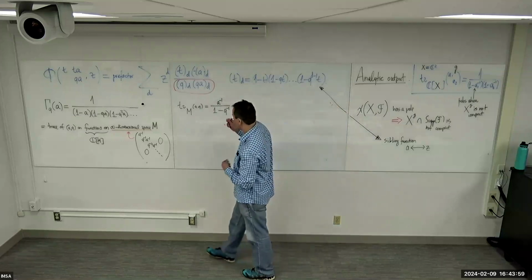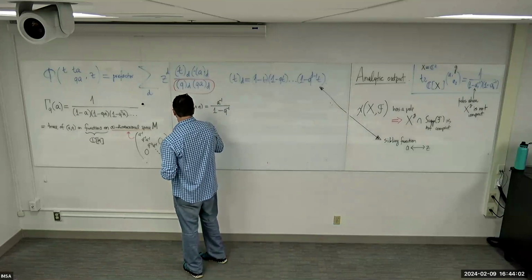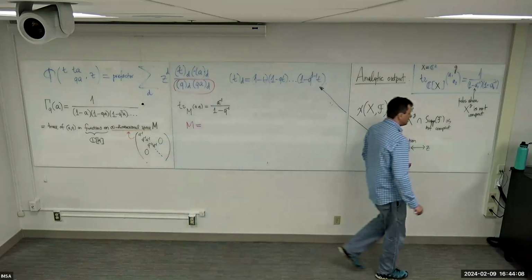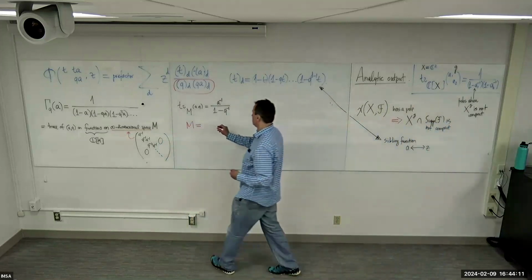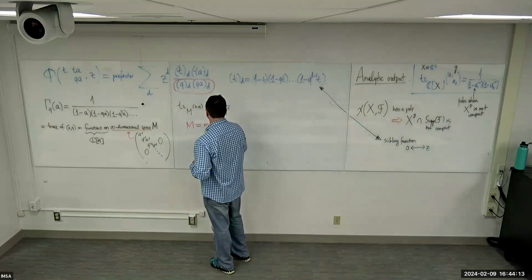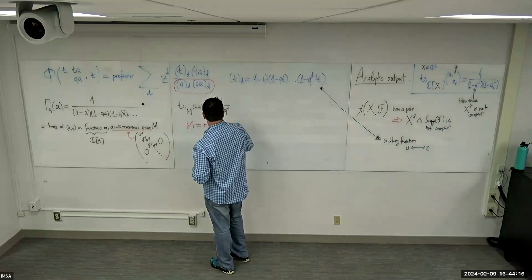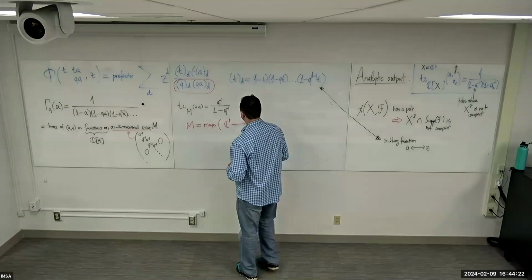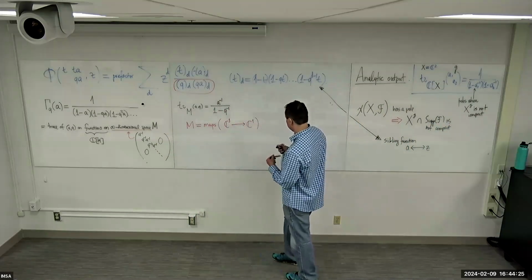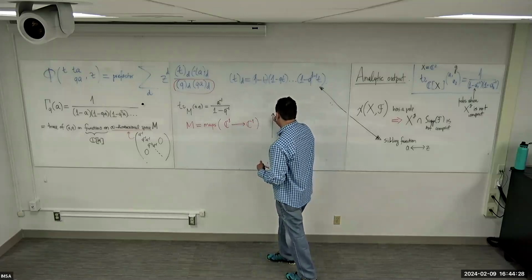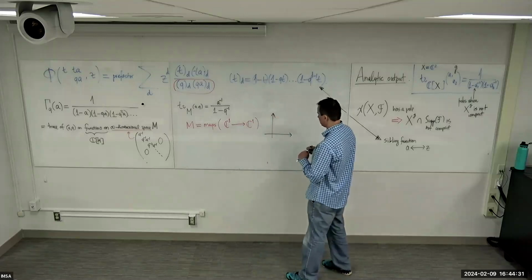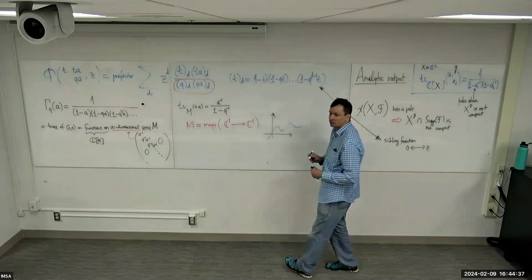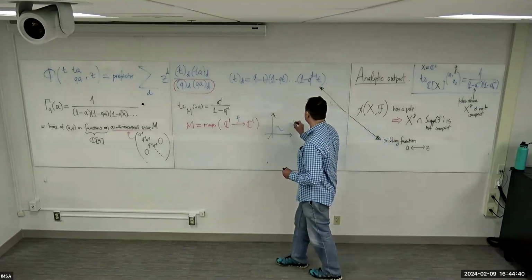Namely, this is in fact the space of maps from a line C1 to a line C1, so a space of maps from a line to a line.